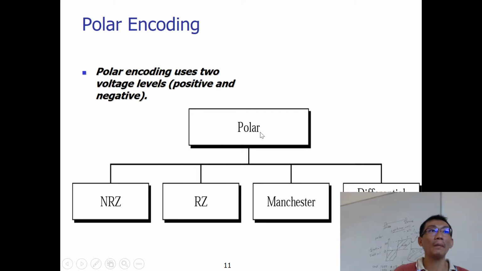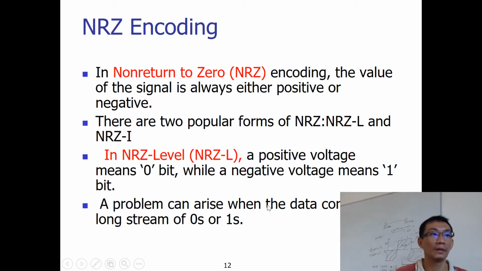Then you have polar. In polar, you have non-return to 0, then you have return to 0, then you have Manchester and differential Manchester. Okay, in non-return to 0, the value is either positive or negative. So you have 2.